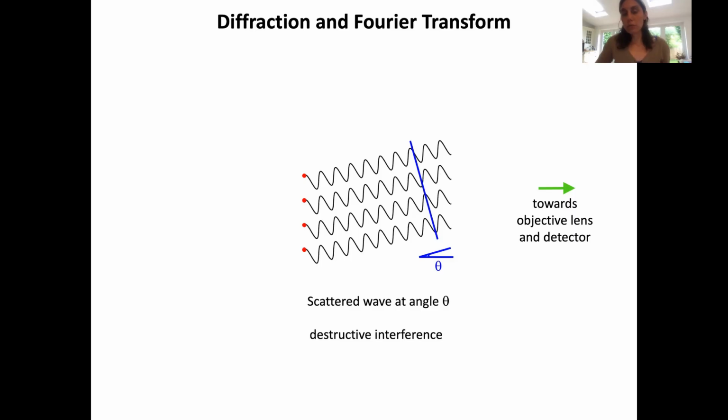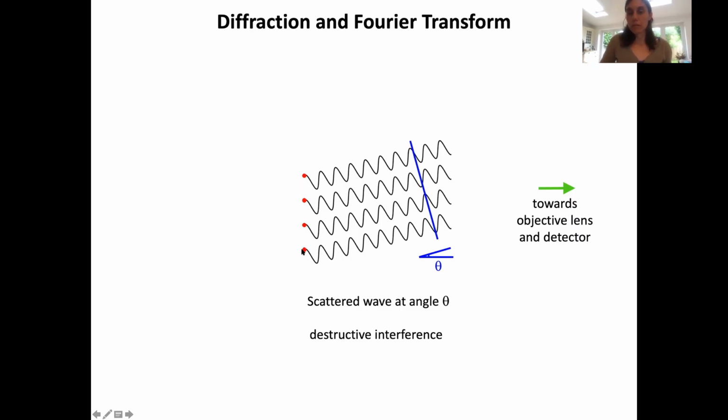Now, let's imagine we have waves scattered at a certain angle here. Given a certain distance between these objects, at a certain angle, these waves will not be in phase with each other. So that means that any wave scattered at this angle theta will not carry any information about objects that have this distance from each other.